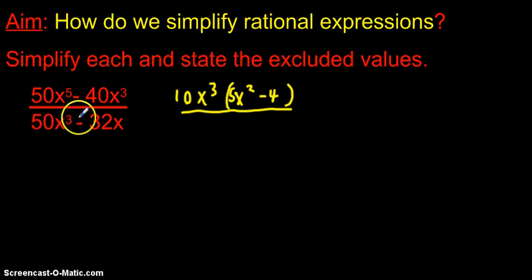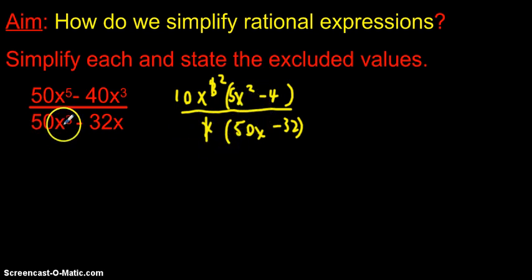It goes into 50 and 32. I don't think anything does, so it's just x. Leaving over a 50x minus 32. So in this case, these have a common factor of x, so x cancels out with one of these x's, leaving a square over here.